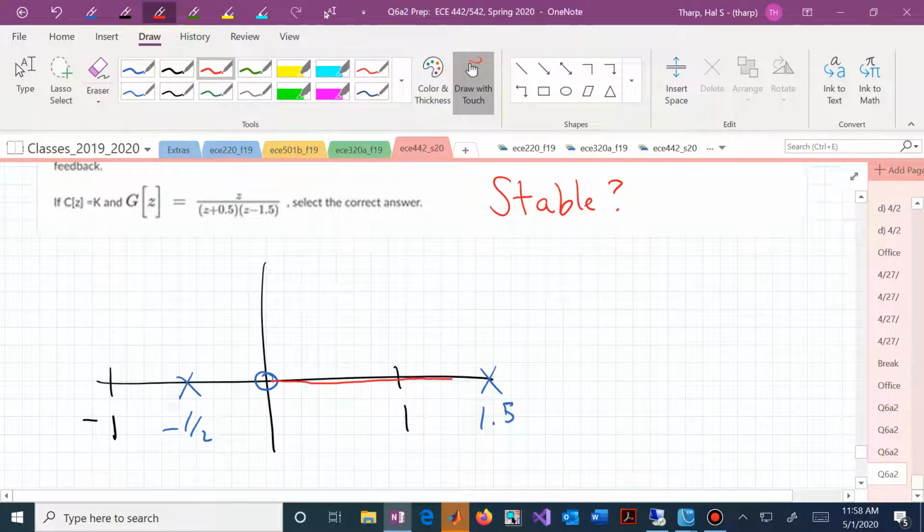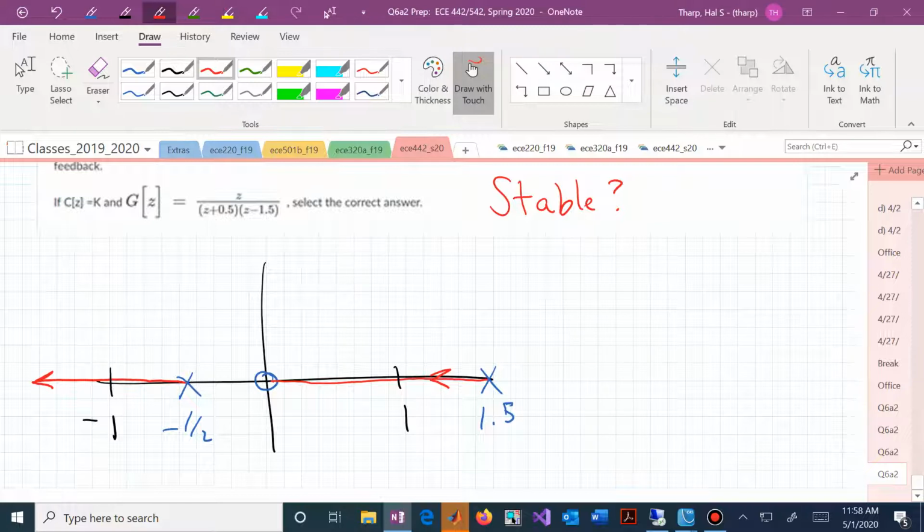We have a segment here. This one is going to zip into the origin, or the finite 0 at the origin, and we have another pole going off to minus infinity. Is this system going to be stable?